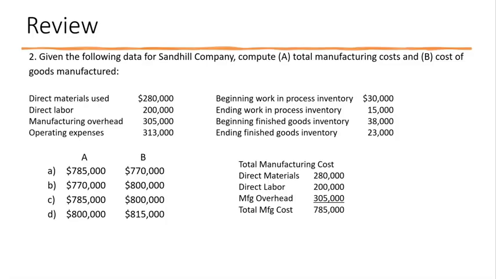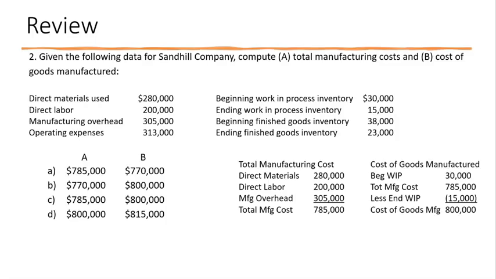So 785 is our total manufacturing costs. And then cost of goods manufactured, we take our beginning work in process, 30,000, add our total manufacturing cost that we just computed, and subtract our ending work in process inventory, and our cost of goods manufactured is 800,000.